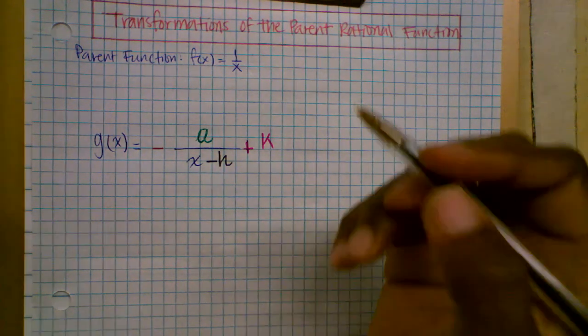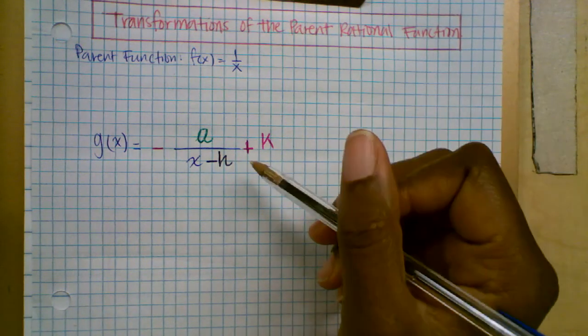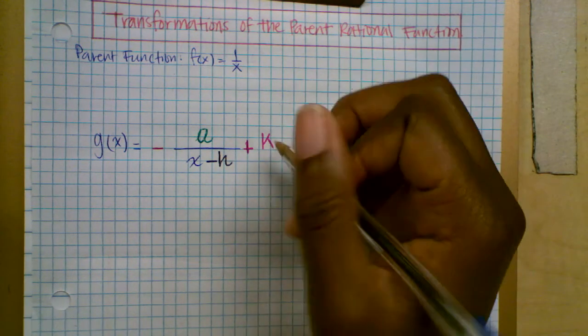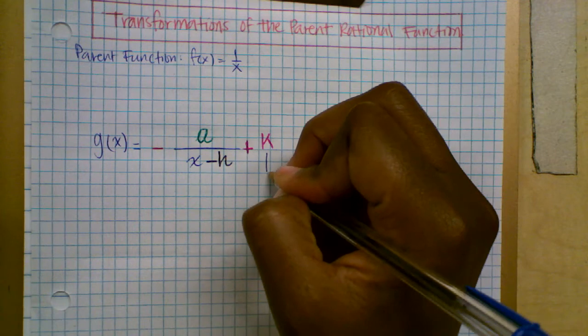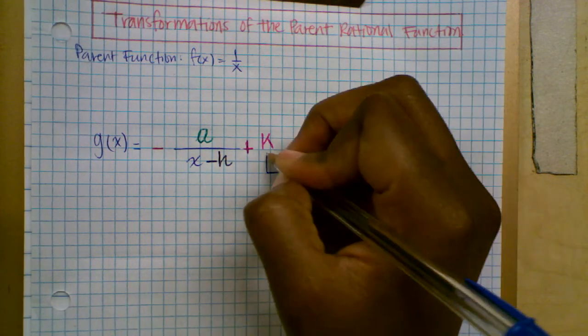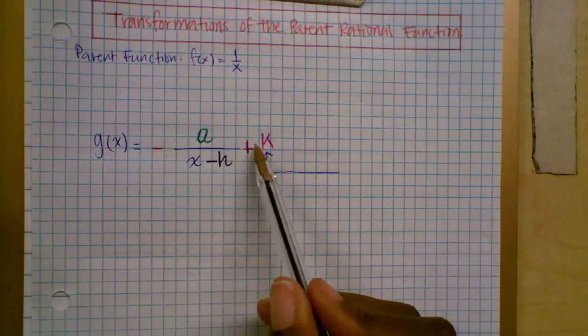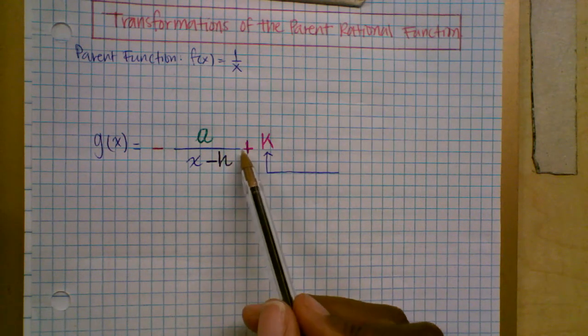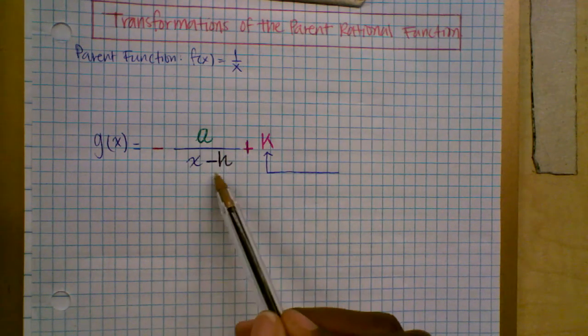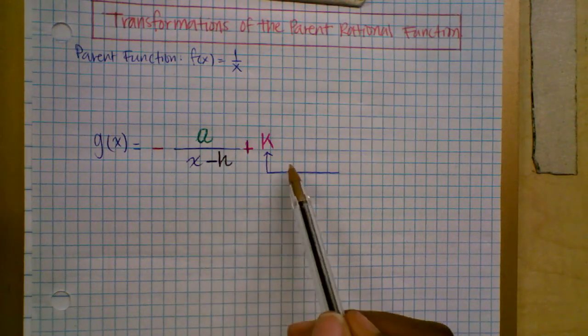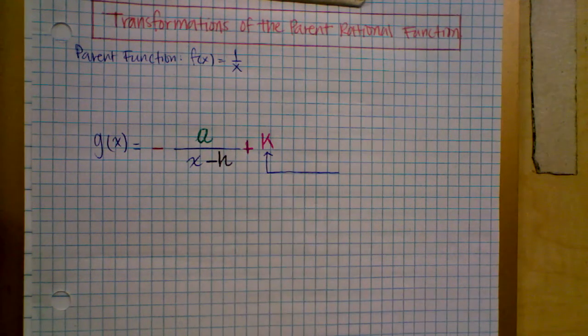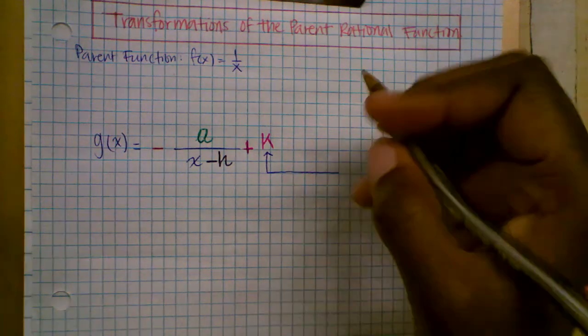I am going to start with the k, right here. So what does the k describe? Whenever you see a number being added to the fraction, to the rational term, you refer to the k as the vertical translation.